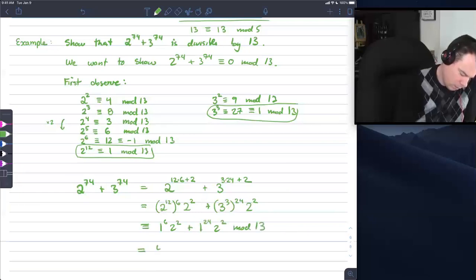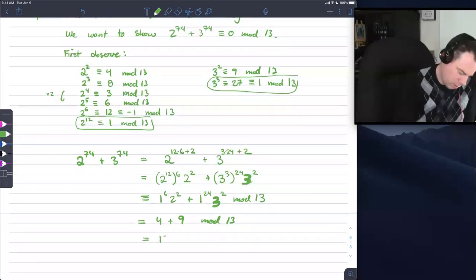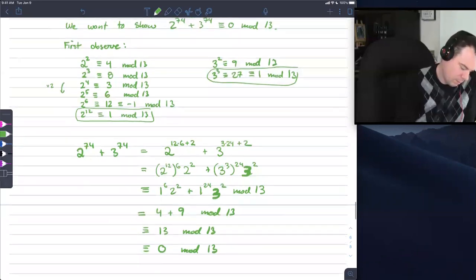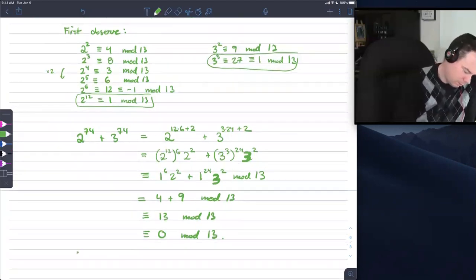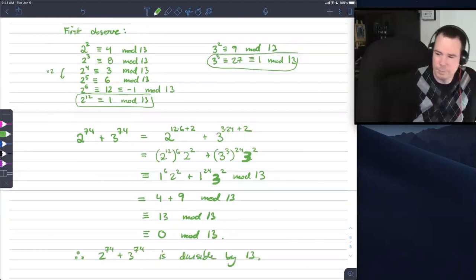And so this is equal to 4 plus, that should be a 3, that should be a 3 there, and this should be a 3 there. 4 plus 9 mod 13, or in other words, 13 mod 13, or in other words, 0 mod 13. So what does that say? That says that 2 to the 74 plus 3 to the 74 is divisible by 13.